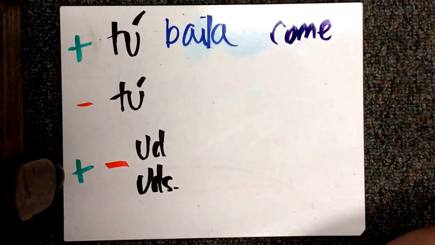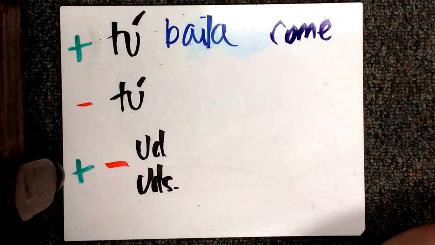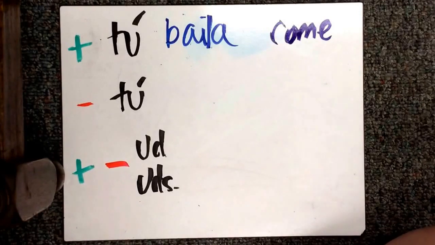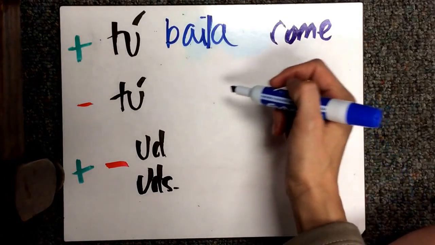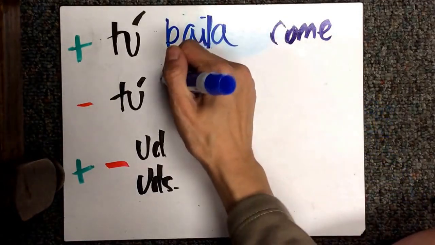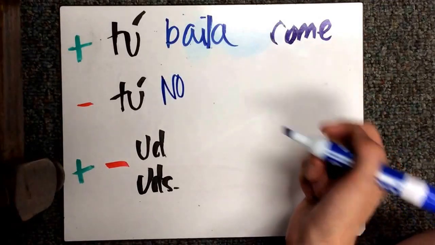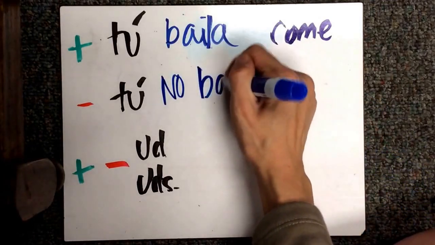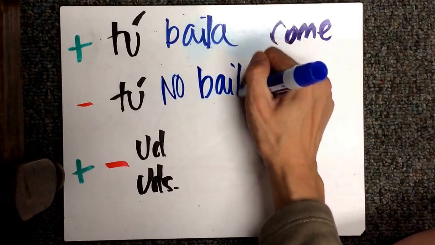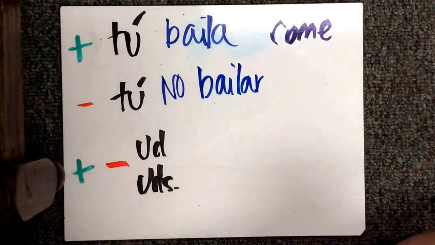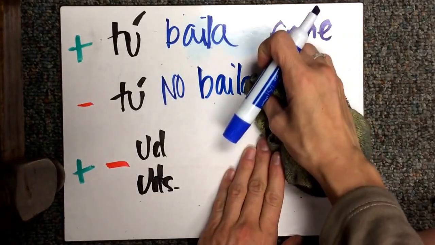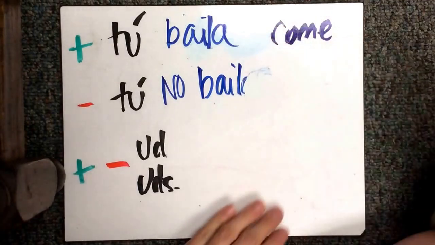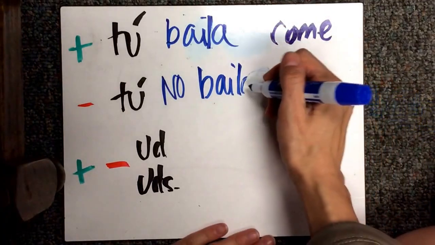Now, negative tú commands and positive and negative usted and ustedes commands is where it does get a little bit more challenging. So if you wanted to tell someone not to dance, which would be sad, the first thing you'd have to do is write a no in front of it. You take the verb, you take off the ending, and you add the opposite ending.